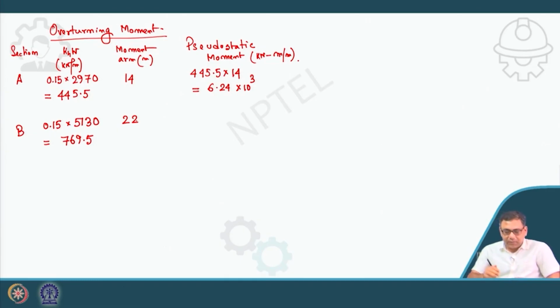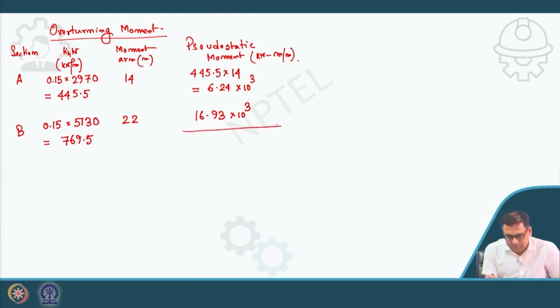Now my pseudostatic moment will be 16.93 into 10 to the power 3. Now if I add them, then the total pseudostatic moment will be 23.17 into 10 to the power 3. So the total moment will be the pseudostatic moment plus the static moment.